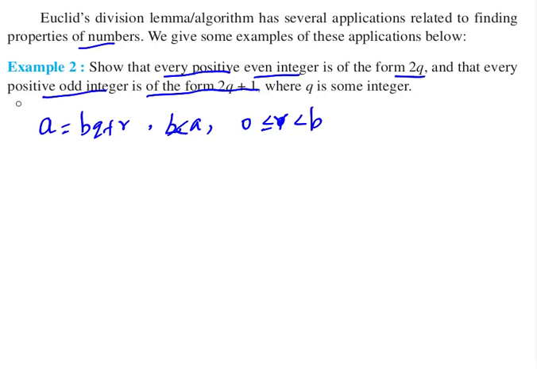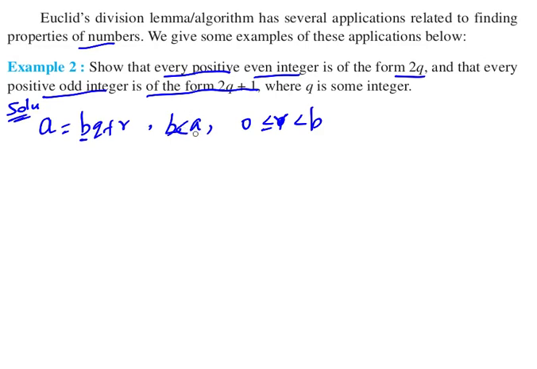So let me take a positive integer a. This can be written in the form of bq plus r. Here b should always be less than a. We have taken two numbers a and b, and the two numbers are not equal. One number is smaller than the other one.